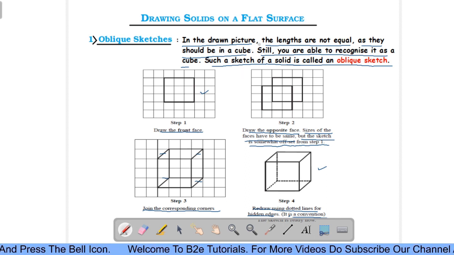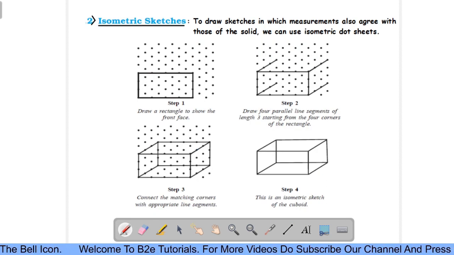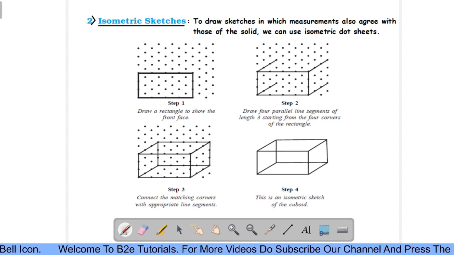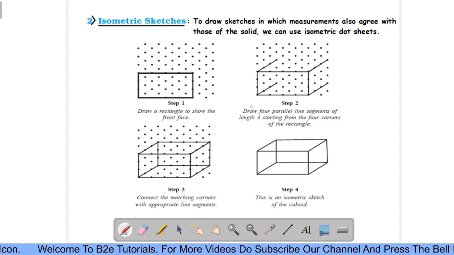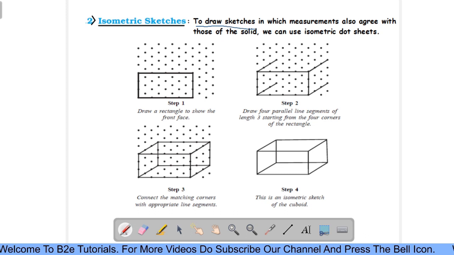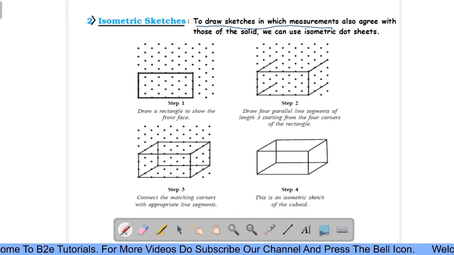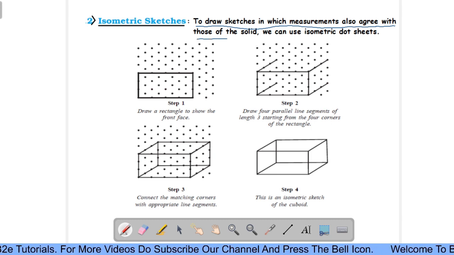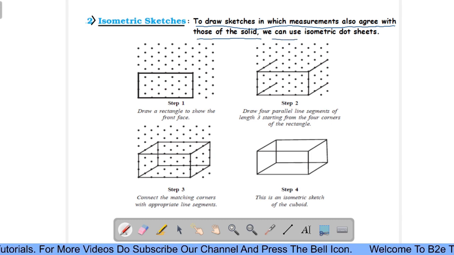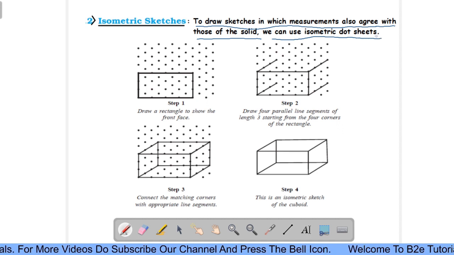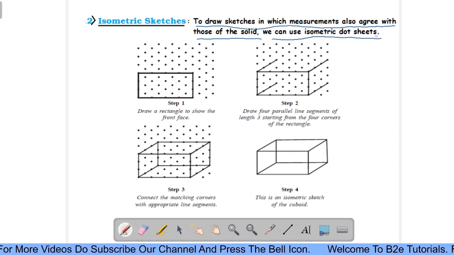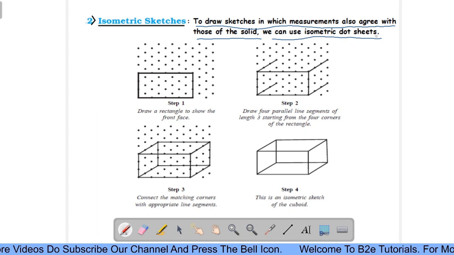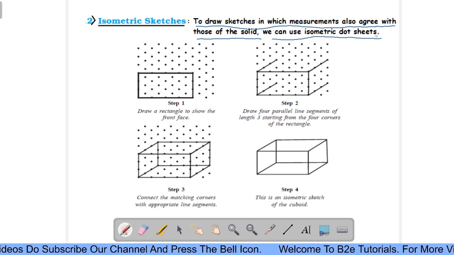Now come to the next. Second is isometric sketches. What are isometric sketches? Here we draw sketches in which the measurements also agree with those of the solids. We can use isometric dot sheets. Here, isometric sketches are exact figures with exact dimensions of the given three-dimensional figures.